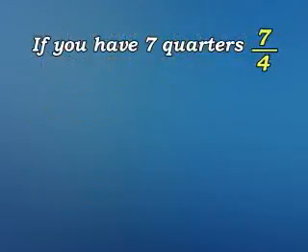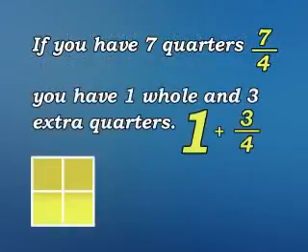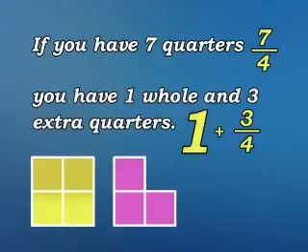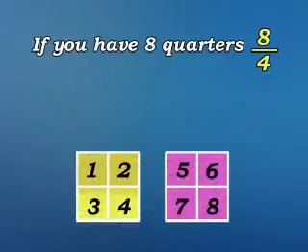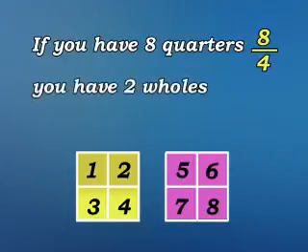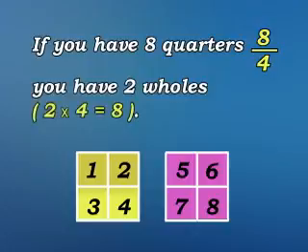So if you have 7/4, you have 1 whole and 3 extra quarters, like this. 1, 2, 3, 4, that's the whole, and 5, 6, 7, they're the extra 3/4. Of course, if you had another quarter, 8/4, you'd have 2 wholes, wouldn't you? Because 2 times 4 is 8, like this.